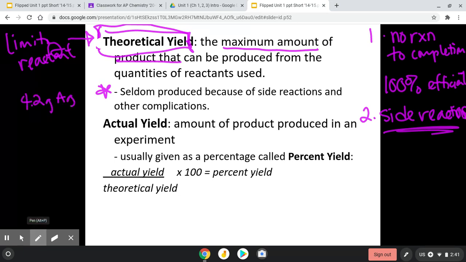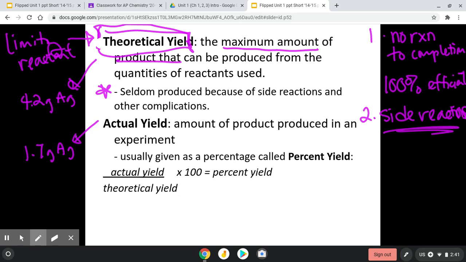That's going to be our theoretical yield of silver. Our actual yield is always, always, always going to be smaller than that. So your reaction doesn't go to completion, your reaction hits all these side reactions, and you are going to produce in your beaker, let's say, 1.7 grams of silver.